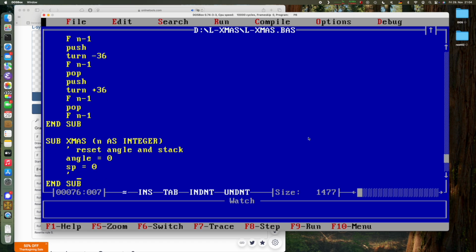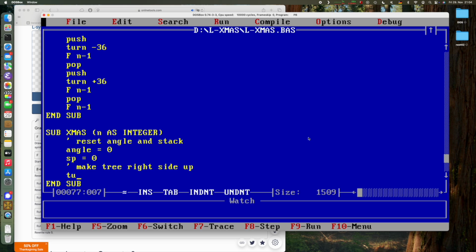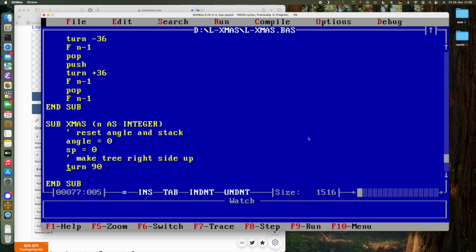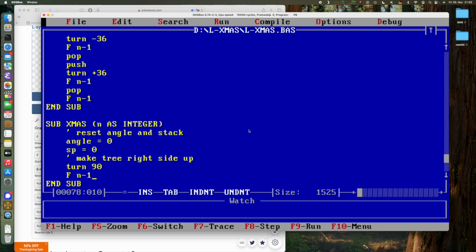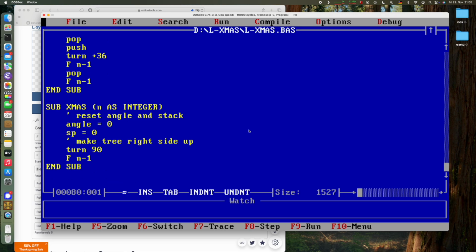And to have the tree point the right way up, we do an initial turn. We could have also initialized the angle, but I was too lazy. And this is more readable, I would say, if you say turn 90. And then we call f, just in the usual manner. This is basically the starting axiom. Here you could also write fn-1 and fn-1 to draw two trees, obviously. And you can play around with this naturally.